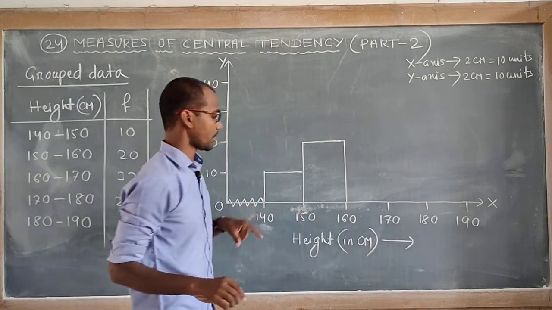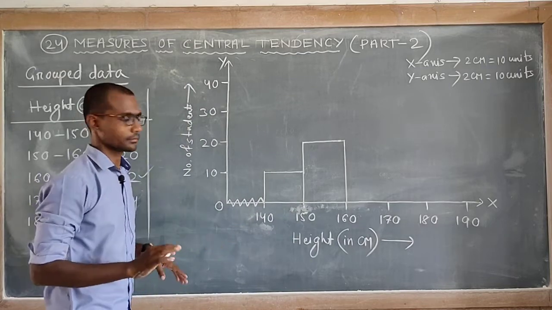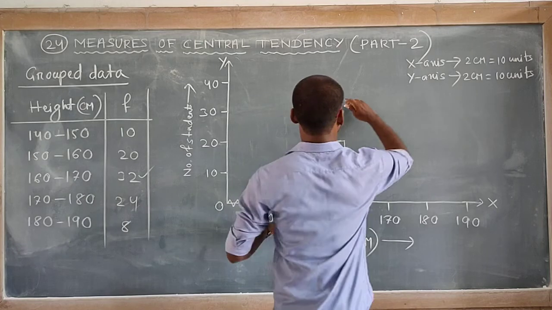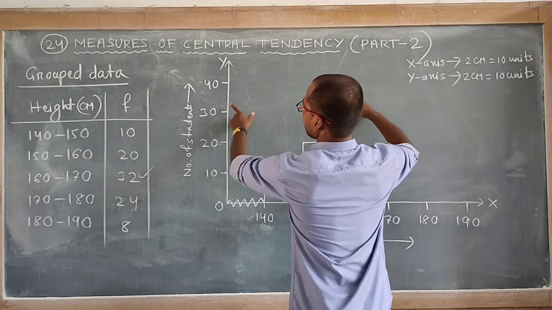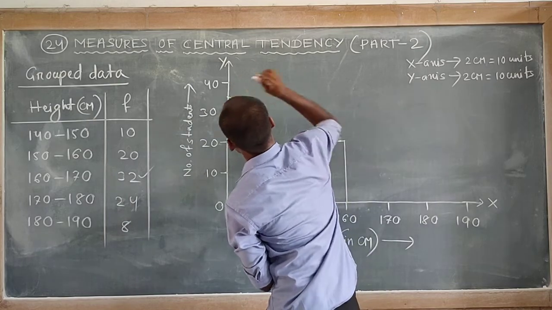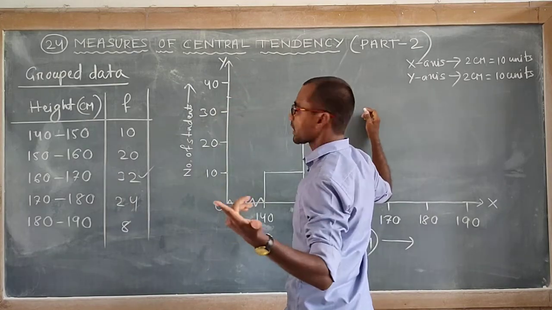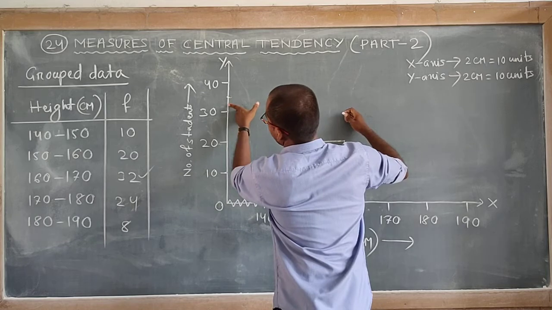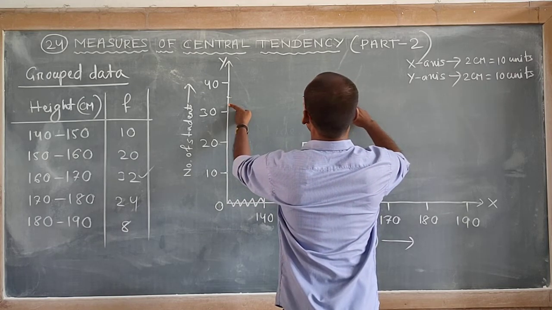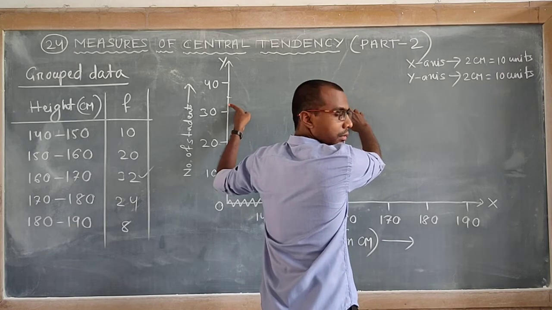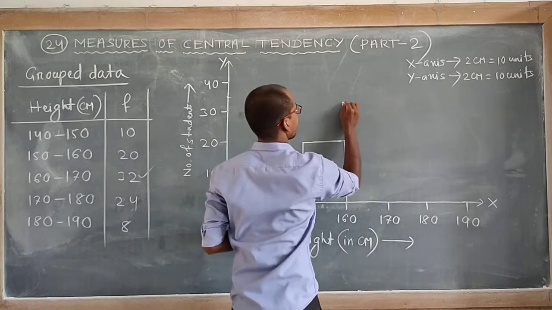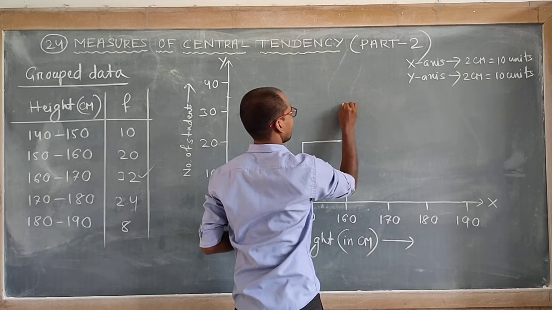Next is 32. Suppose here is 30, this will be 35. Approximately I am taking, you can use graph paper. This is 32 suppose.